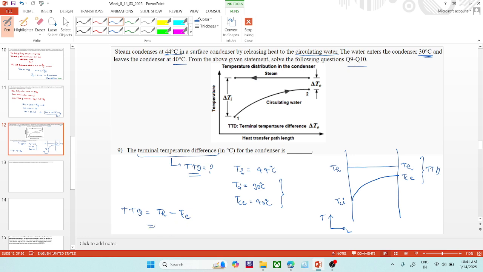While we put the values here, that is 44 minus 40, TTD would be 4 degrees centigrade. The value of the terminal temperature difference would be 4 degrees centigrade. This would be the answer.